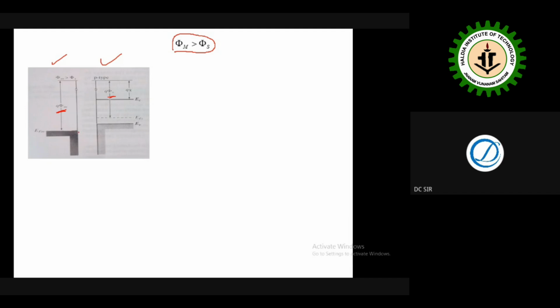One side goes downwards and the other goes upwards when they make a junction. So first we draw the Fermi energy level for the system when metal and p-type semiconductor make a junction at the condition of phi m greater than phi s. First EF, then the metallurgical junction.